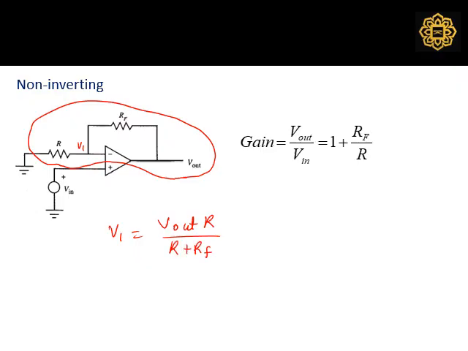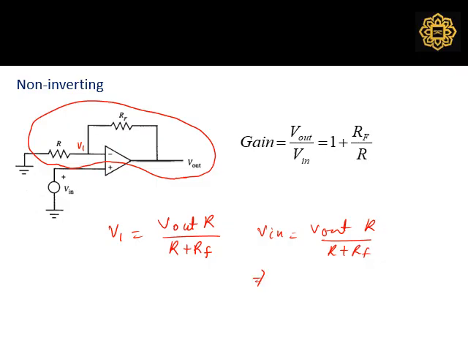But we know that this V1 is the same as V in because they are virtually the same thing. So V in equals V out times R over R plus RF.